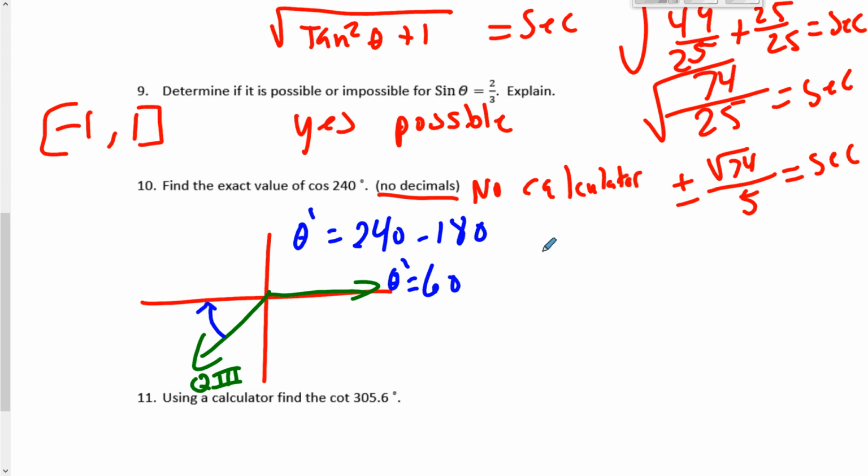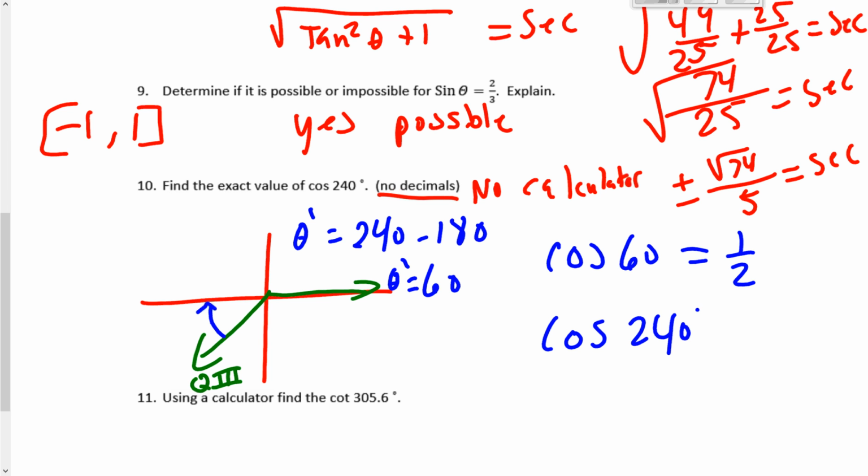So I look at my chart where it says cosine of 60 degrees. What is cosine of 60 degrees? Well, cosine of 60 degrees is the same as sine of 30, and sine of 30 is 1/2. So cosine of 60 is 1/2. But since I'm in quadrant 3, that means cosine of 240 is actually -1/2.